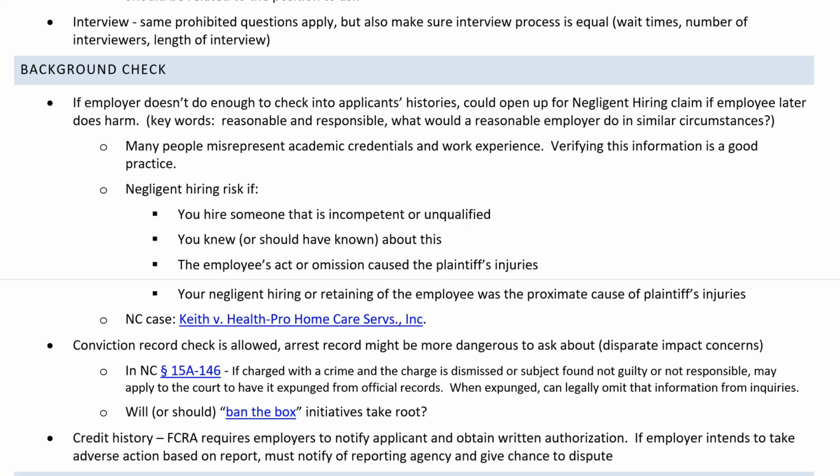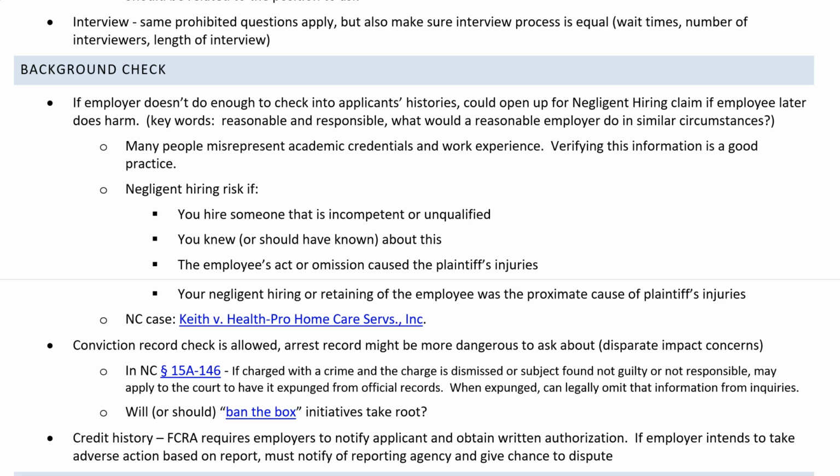And it's only later on that we find out that they had this extensive criminal history. I could be on the hook for a negligent hiring claim because I didn't do my due diligence to find that out ahead of time. And maybe that whole situation could have been avoided if I had done the background check.